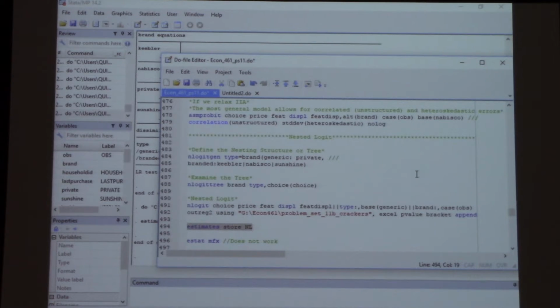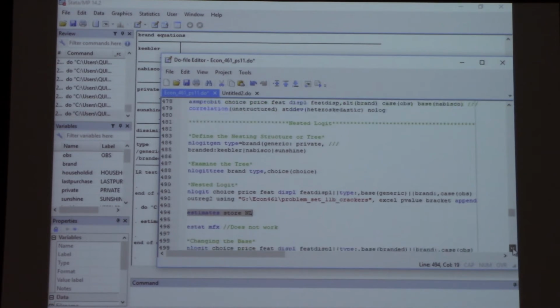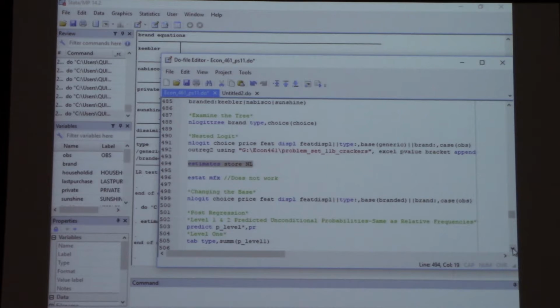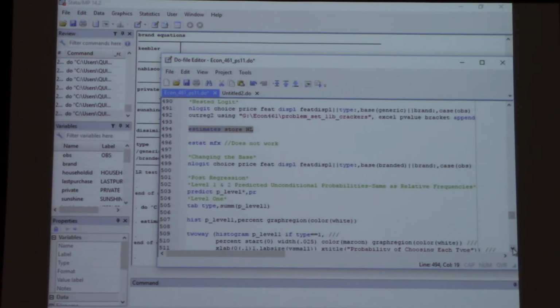Marginal effects and MFX doesn't work. Changing the base, yeah, we can do that.